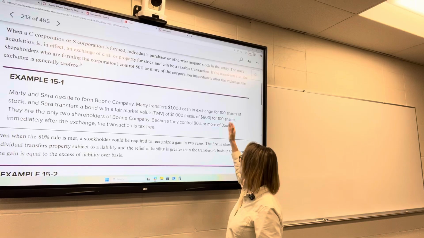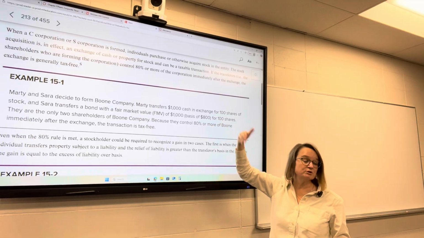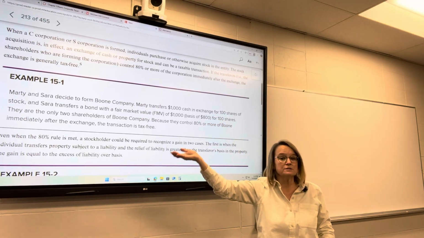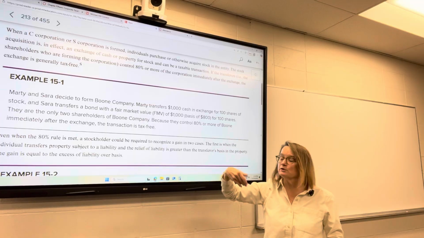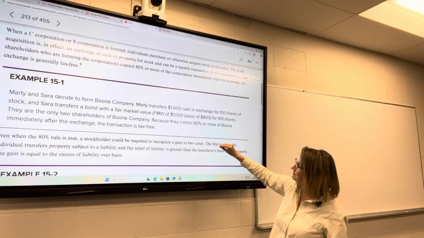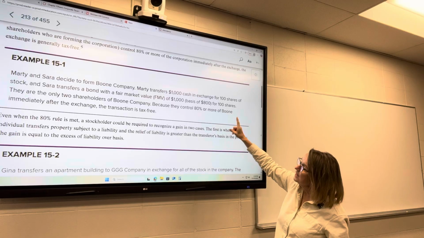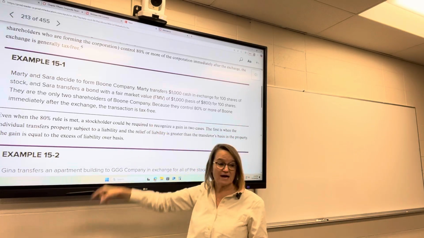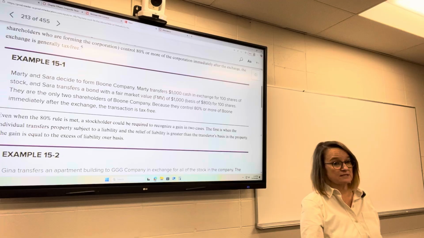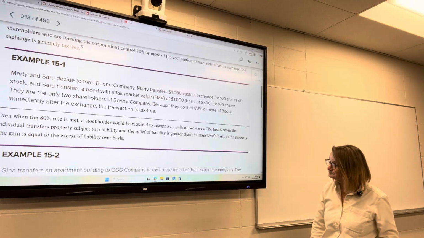Okay, even though it's worth right now $1,000, if she were to go and sell it, she'd get $1,000. She'd have a $200 gain, though, because the basis of what she's giving up was $800. Because they control 80% or more immediately after the exchange, that transaction is tax-free to them at that point.